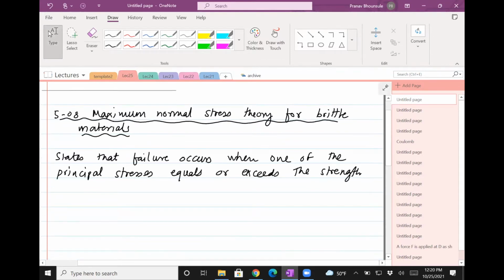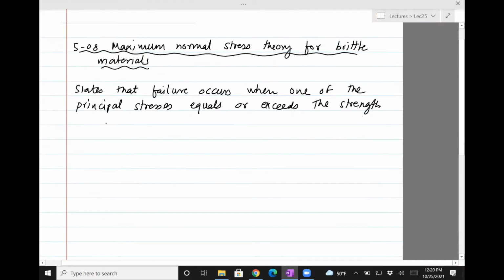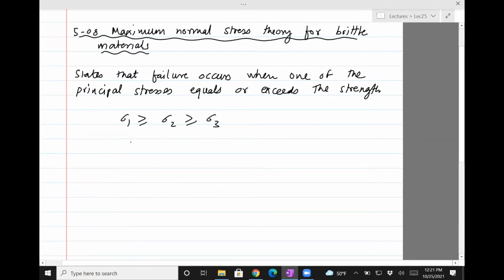So what we do is the same thing we've done all over this course: we arrange the principal stresses so that sigma 1 is the maximum stress and sigma 3 is the minimum stress. Since sigma 1 is the maximum stress, it fails when it reaches the tensile strength, and sigma 3 fails when it exceeds the compressive strength. So you'll have to choose the bigger of those two for failure.